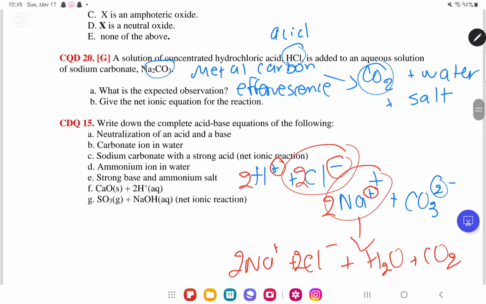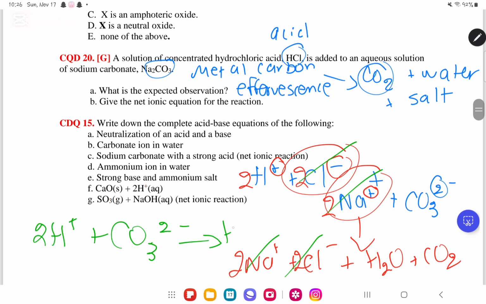So now, what we find common on both sides, we are going to cancel them. So this and this, and this and this. If they're the same on both sides, then we cancel them. And we are left with 2H+ plus CO3 2-, which will give us water, H2O, plus carbon dioxide.